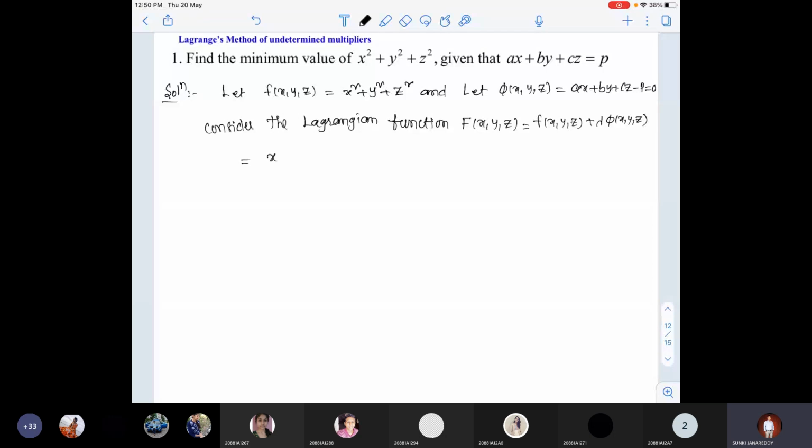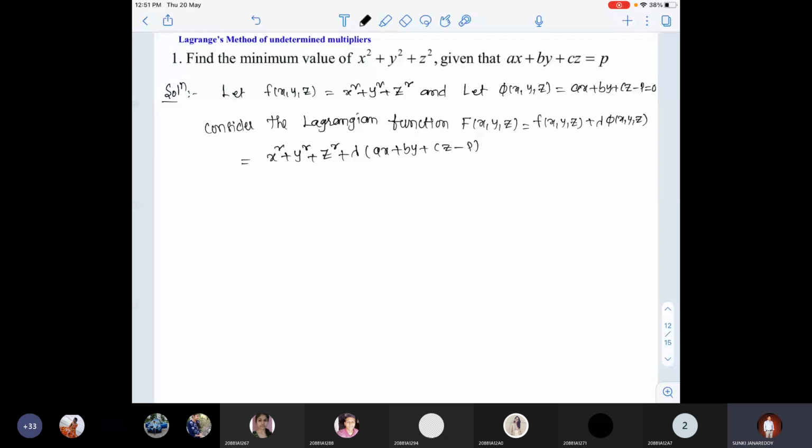Now, what is the function here? x square plus y square plus z square plus lambda into ax plus by plus cz minus p.